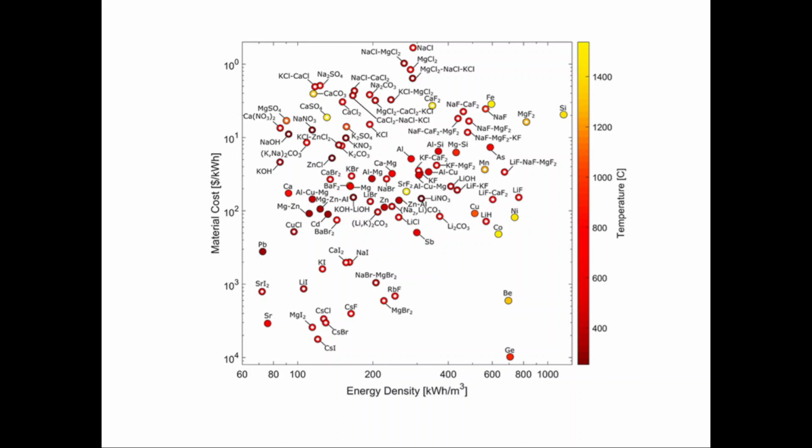The higher the energy density, the smaller the volume it is going to occupy, or within a certain volume it will be able to store the amount of energy that you require for your application. So energy density is a very important parameter.